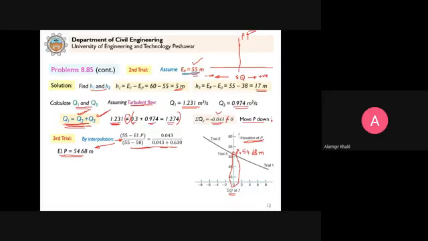So let's say 50 we assume, and for that value we get the value of plus.